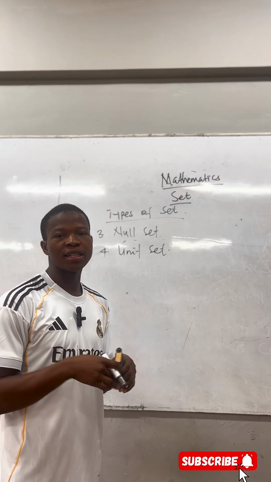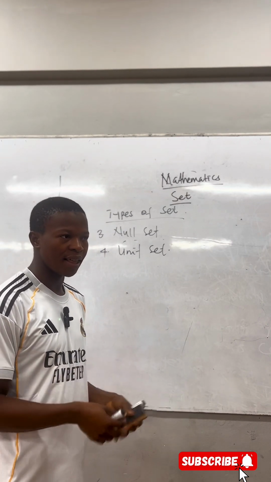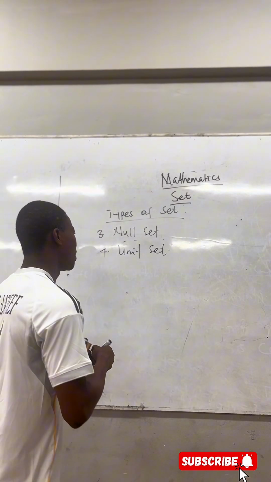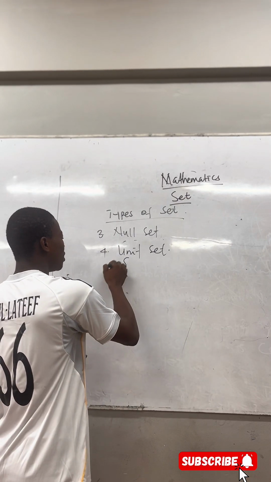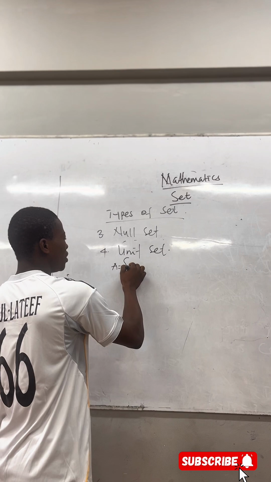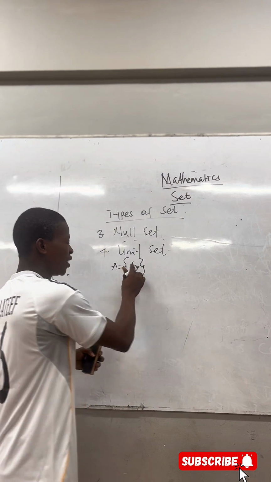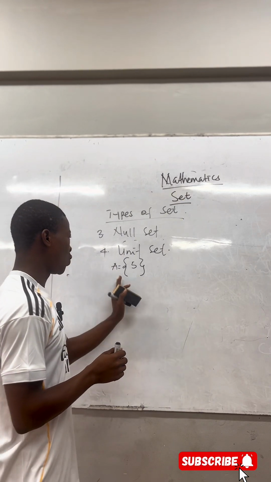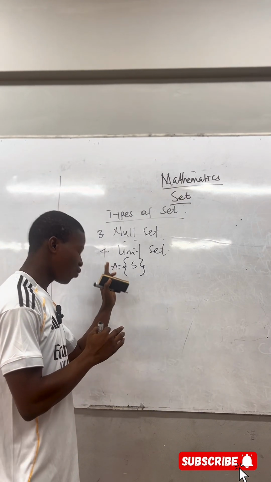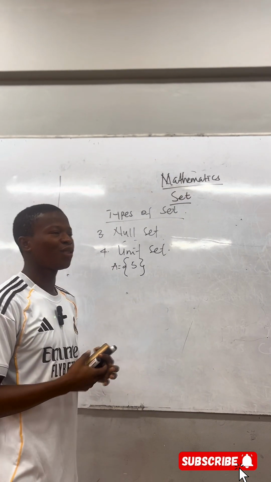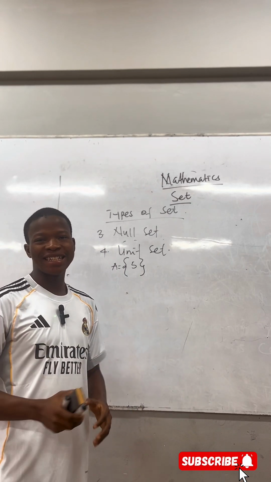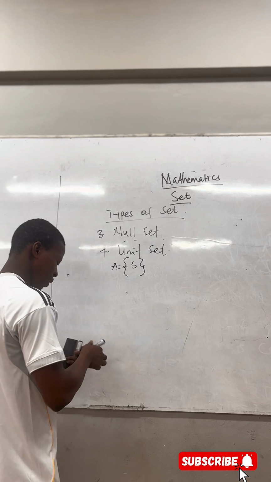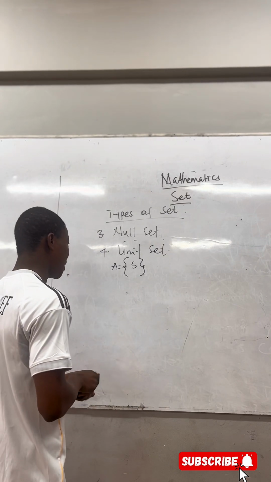It can be 0, 1, 2, 3, or 4, but it has only one member. For instance, if we have A to be 5, this is a unit set. It has only one member, so we call it a unit set.